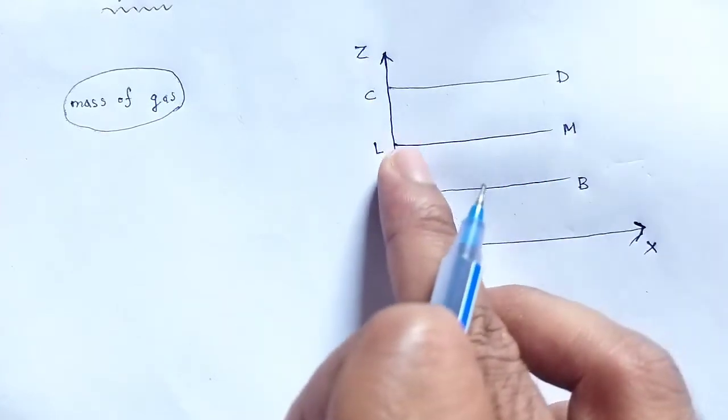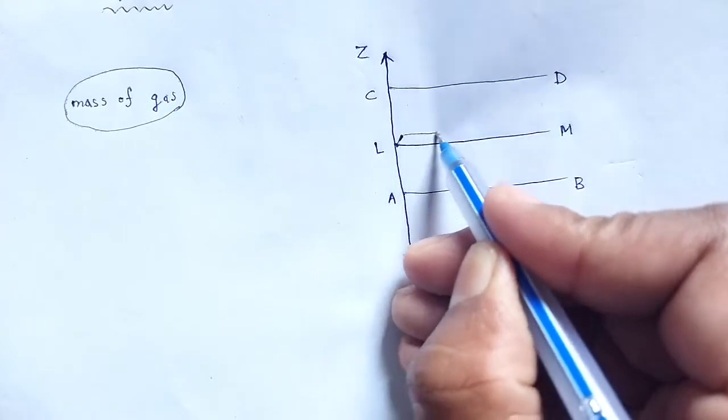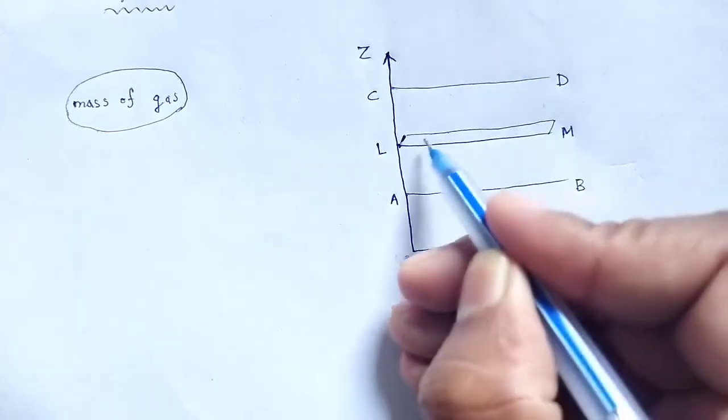Here we take LM as the intermediate plane.